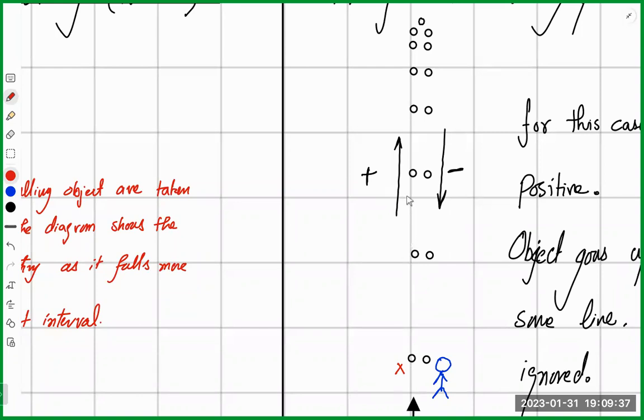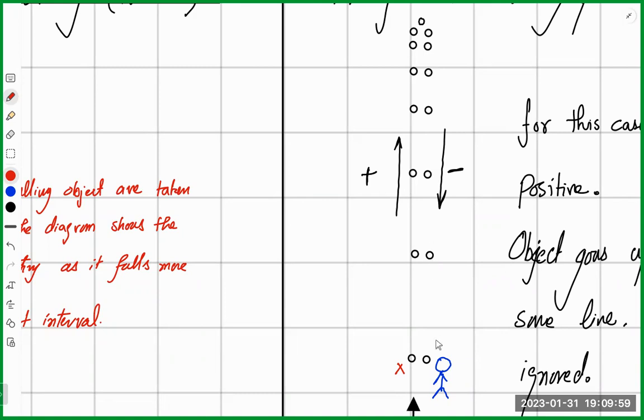Do you see the cursor moving on the screen? What is happening to the distance of the cursor from the person who has thrown the object? It's increasing. And what is happening to the distance from the person now? Decreasing.